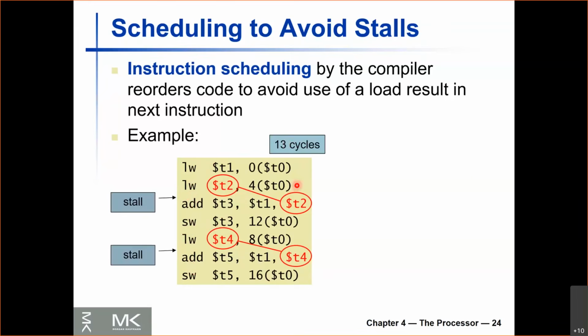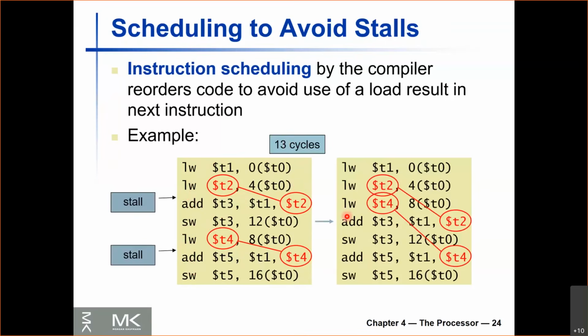However, if the compiler optimizes this code, it takes this load instruction and moves it back over here. So now there's an instruction in between this load and this add. Rather than stalling, the load use data hazard is no longer there, because the instruction that's using the result of the load is not right after the instruction that is producing that value.